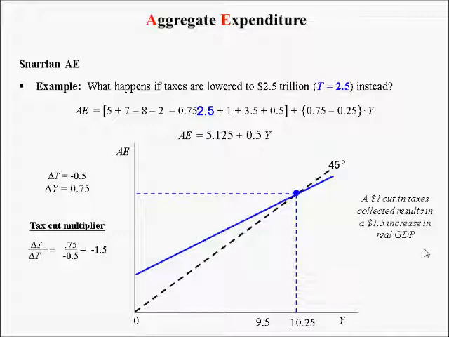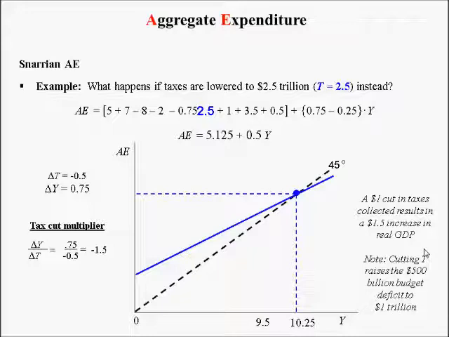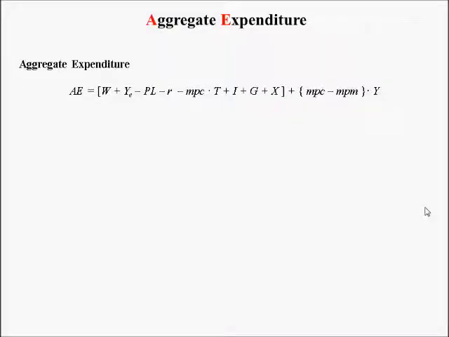So a $1 cut in taxes collected results in a $1.50 increase in real GDP. Now this comes at a cost. The tax cut raises the budget deficit from 500 billion to 1 trillion. Is it worth it? Well, who's going to pay this deficit? My son's generation, when they become taxpayers, are going to pay it. Pay off our bill. Okay.